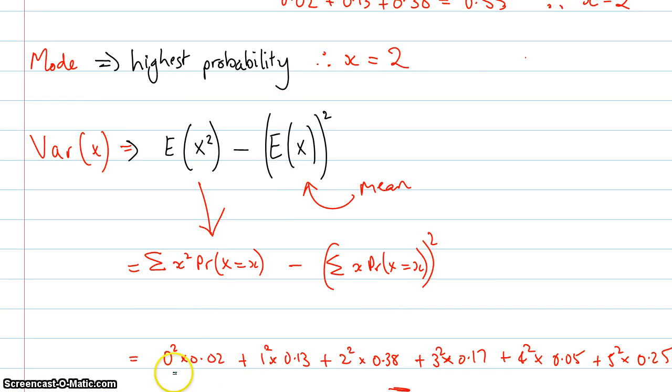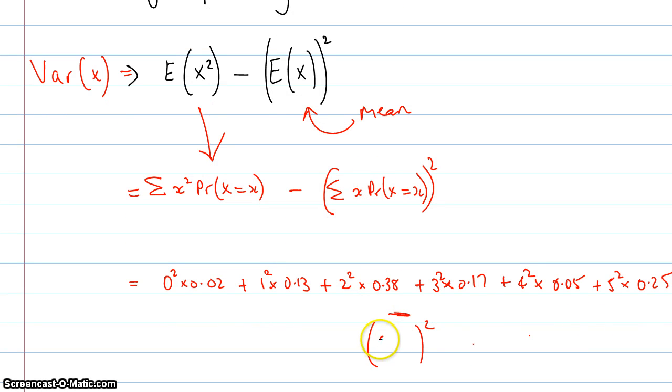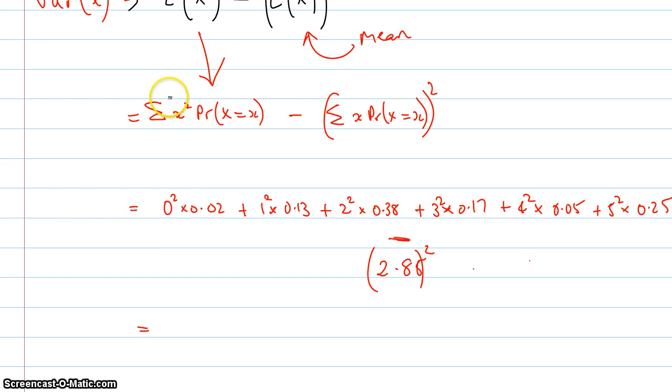So I do 0 squared multiplied by 0.02 plus 1 squared by 0.13, and so on until I get all the way to the end. Then I subtract the mean squared, which I know is 2.85, and hopefully I will get an answer. So E of x squared is actually going to be 10.23, and I subtract 2.85 squared, which ends up being 8.1225.